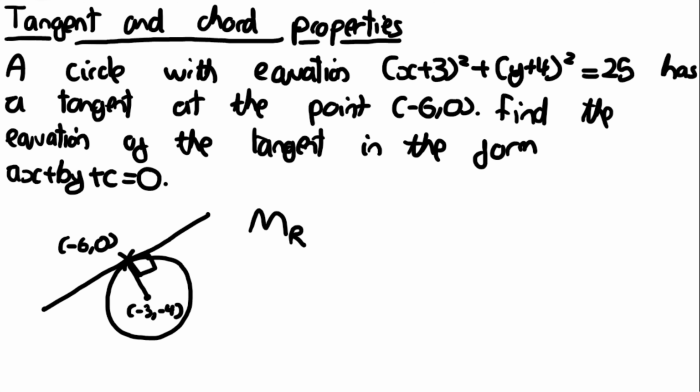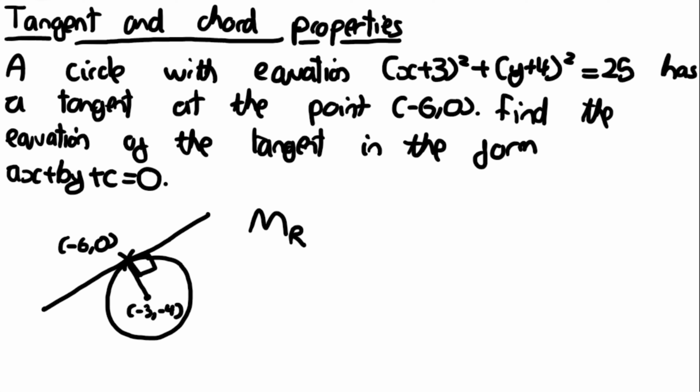All this is just labelling. This means that I'm talking about the gradient of the radius, because we're going to be talking about multiple gradients in this question. You don't have to do this if you don't want to, but I find it quite useful to make sure I don't get confused with the different types of gradients. So this little r here, all it represents is I'm talking about the radius.